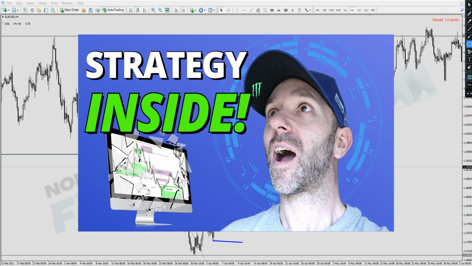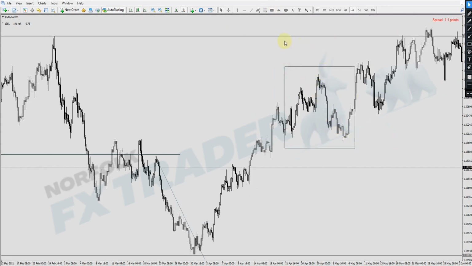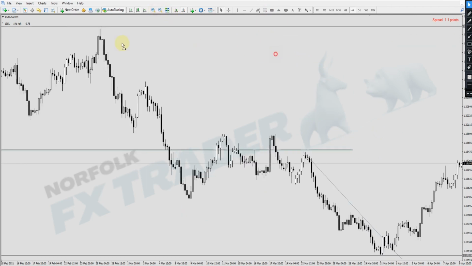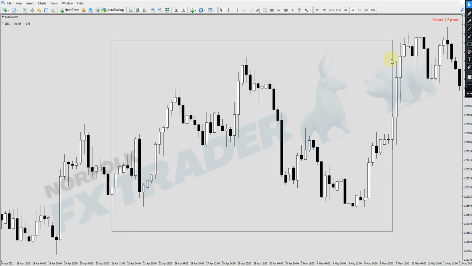I'll leave a link above, or you can watch this video after this video and you'll be able to see exactly what I mean by looking for that false breakout. But this area here is just a manipulation. So let's just go into this area. Let me mark this off and then we'll go into this area in more depth. We'll go closer into the chart and you'll see exactly why this was a manipulation.